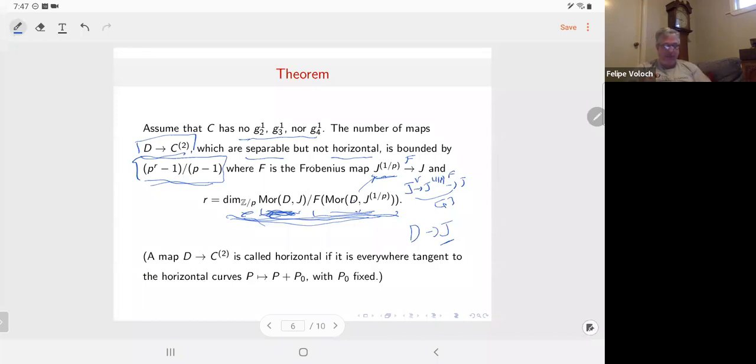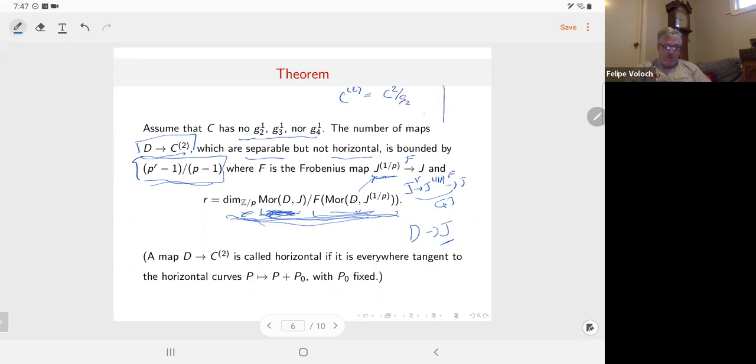So what do I want to exclude? I want to exclude inseparable maps, so I look at only separable maps, and I also want to exclude horizontal maps. So what's a horizontal map? Remember, C2 is C squared mod S2.